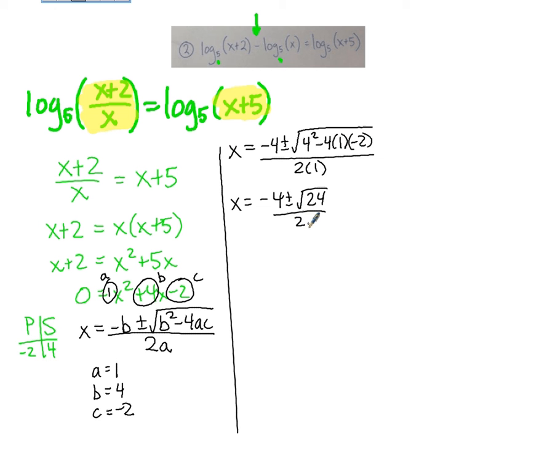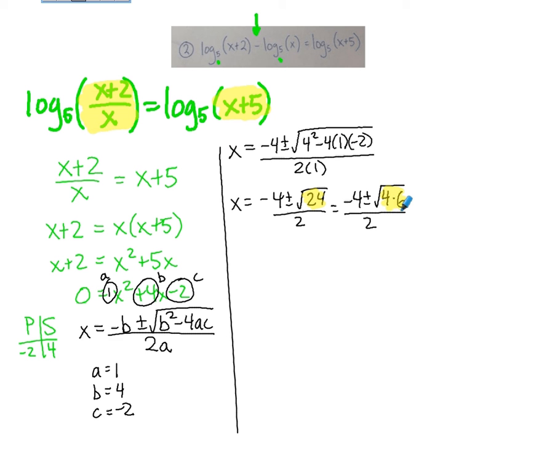I'm going to write that one more time as negative 4 plus or minus the square root of 4 multiplied by 6. Why did I do that? Well, I hope we can remember back to when we worked on simplifying radicals. The 24 is the same thing as 4 times 6.